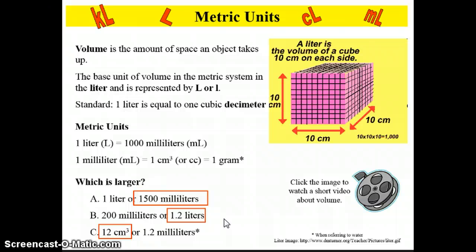It is 12 cubic centimeters. So we said here that 1 milliliter is equal to 1 cubic centimeter. So 1.2 milliliters is way smaller than 12 cubic centimeters, because that would be equal to 12 milliliters.